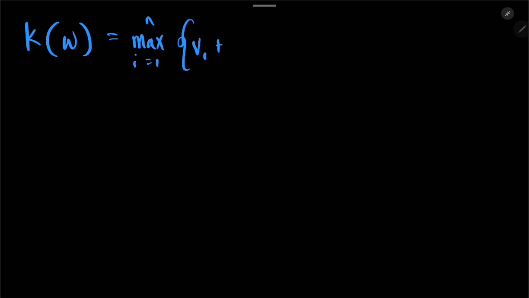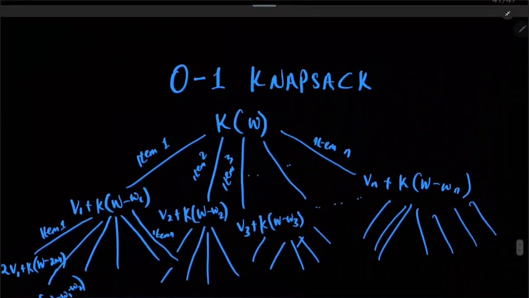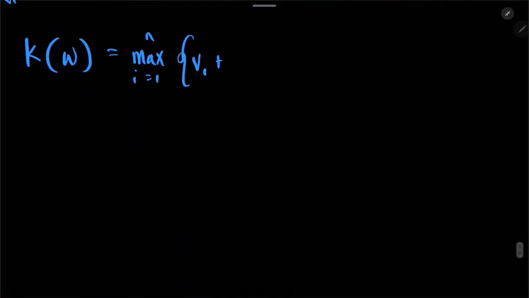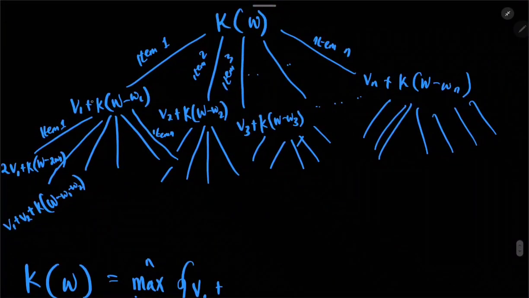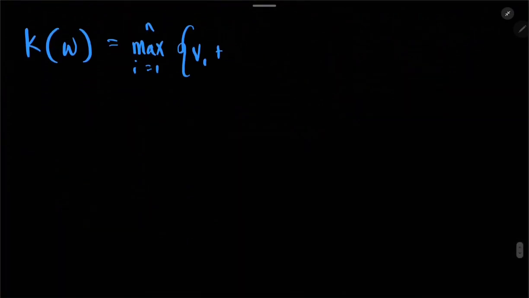in this case, just for the sake of simplicity, let's say we stopped at this first level. So what I mean is, let's say this first level is our leaf, right? So we want to find the maximum.